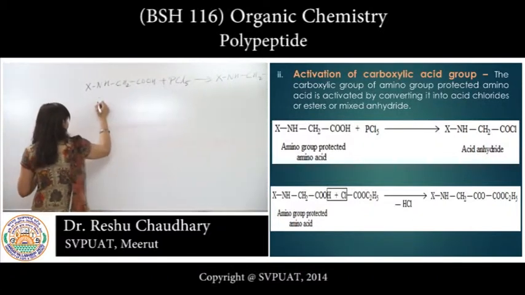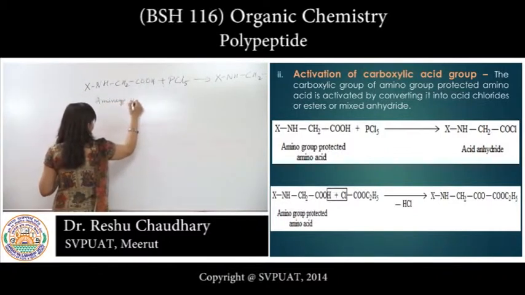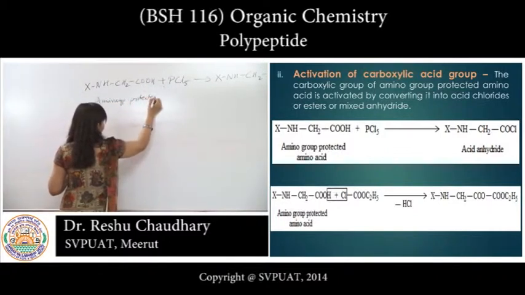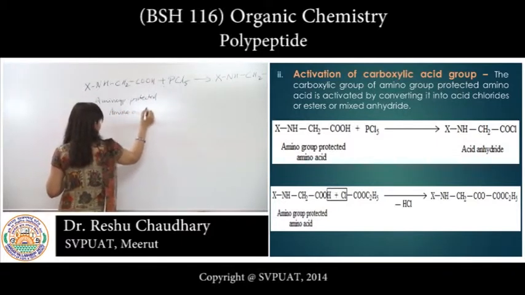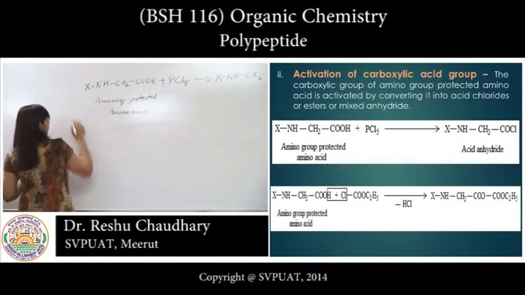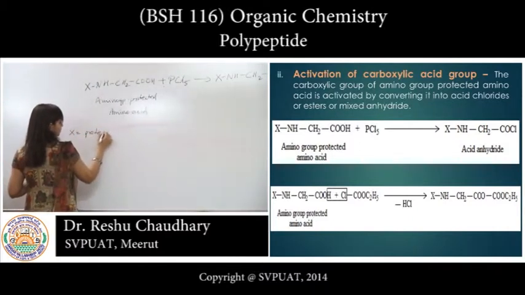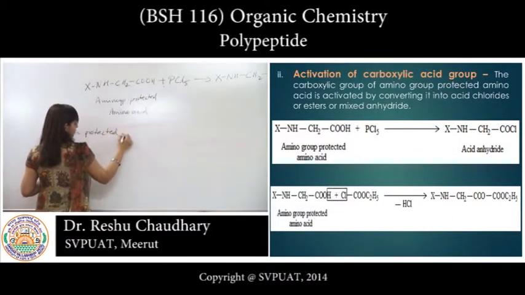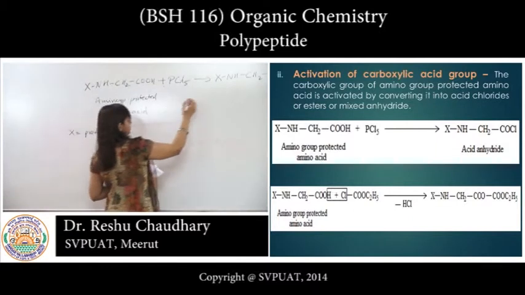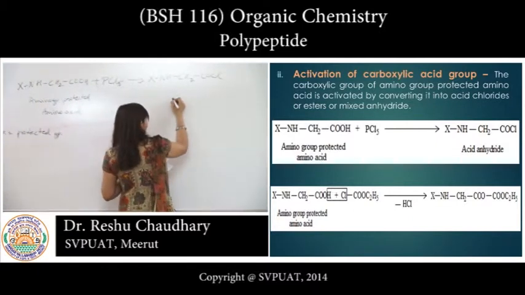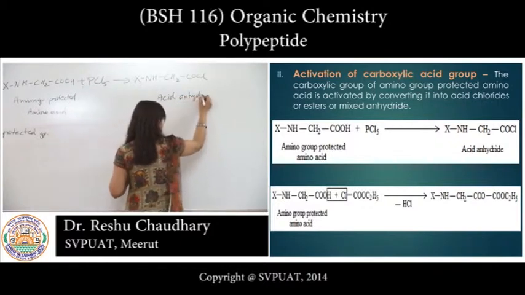This is the amino group protected amino acid, where X is the protected group, which is attached at amino group, and the product will be acid anhydride.